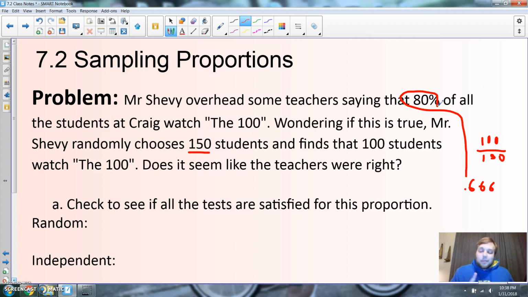However, maybe I just asked the wrong people, right? Is it possible for me to have asked 150 people and have hit that 0.66 mark, even if the true population was 80%? I'm not going to always hit 80% on a sample. I could hit above or below, right?